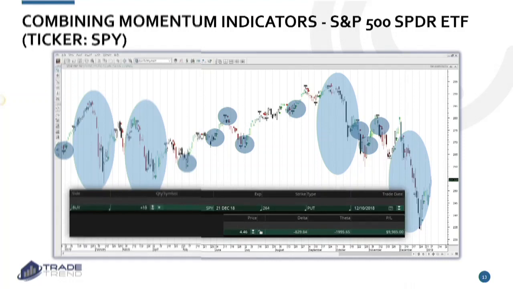And just as an example on this last move, I posted an options order where if you had taken that signal and put at-the-money put contracts at the 264 strike in December when the indicators told us that the market was moving down, 10 contracts would have netted you nearly $10,000 on this move, just to kind of give you a frame of reference of what's possible using these types of momentum signals.